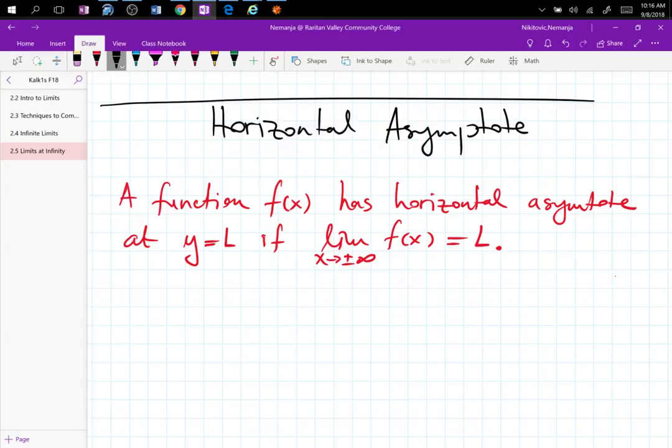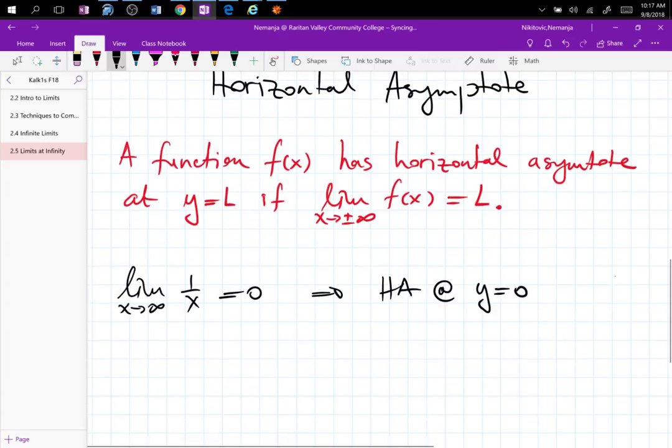So, our previous examples: the limit of 1 over x as x goes to infinity equals 0, which implies that there is a horizontal asymptote at y equals 0. That was the example.